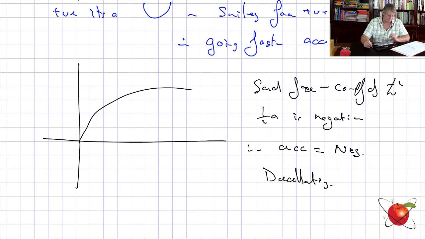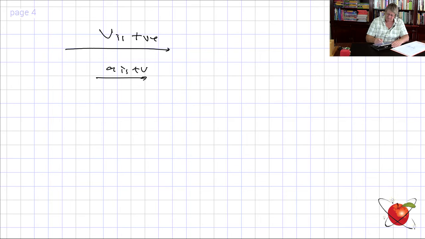Now, let's have a look at, once again, let's just go through this concept here as well, shall we? If I am moving in this direction, v is positive, right? If my acceleration is positive, it means I am accelerating.